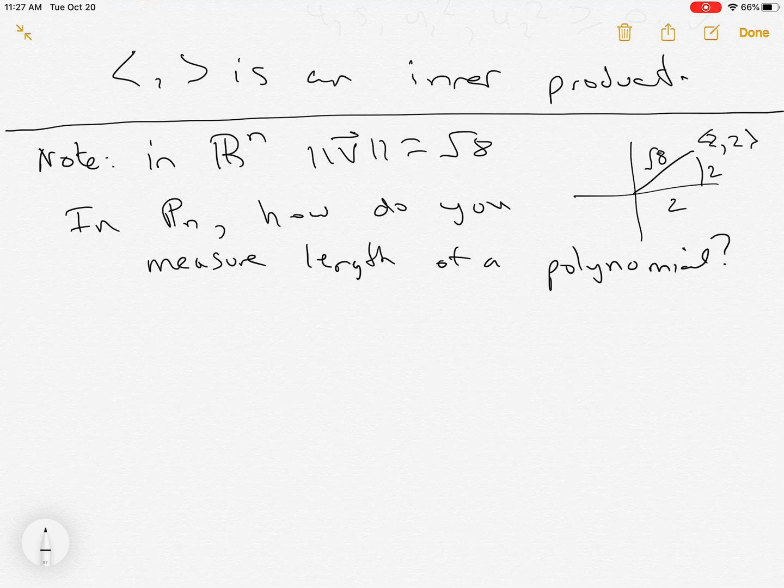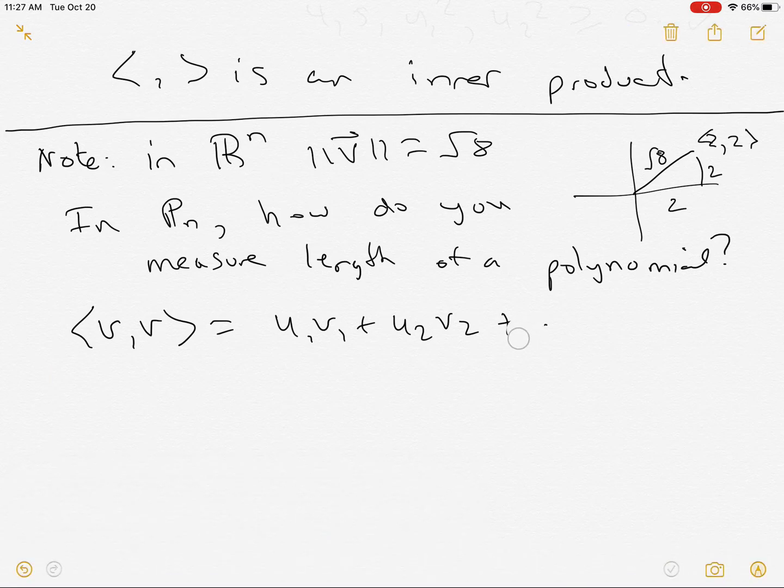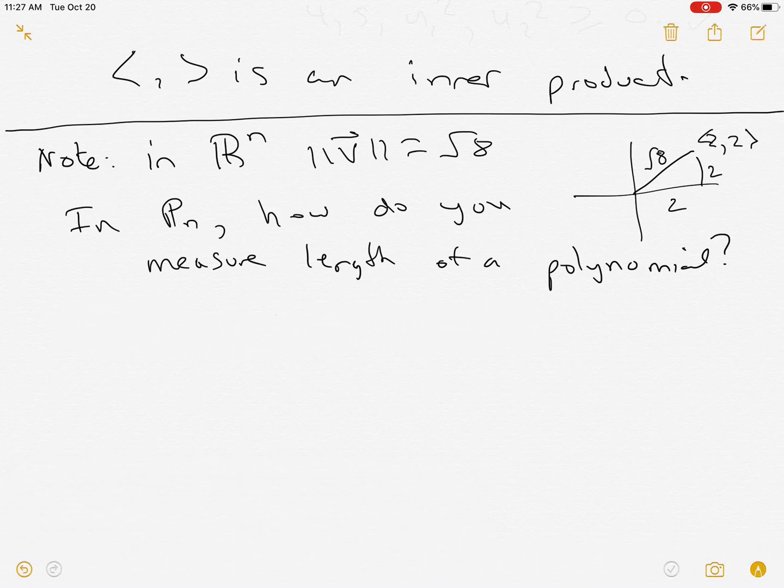And the inner product gives us a length, because we just showed that u dot v was u1 v1 plus u2 v2. This is in R2, and it's really, well, if you look at the length, how can I say this? Let me erase that. It's not coming out right, Pullman.